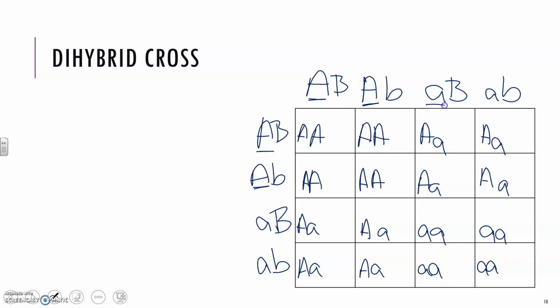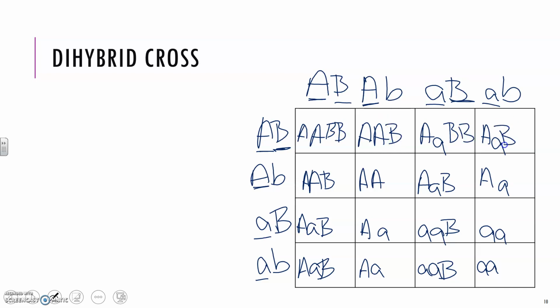So now we've taken care of all of our A alleles. Let's go ahead and do our capital B's. Capital B's go down this column here and down this column here. Now we've got a capital B here, so it goes across, and a capital B here that also goes across.